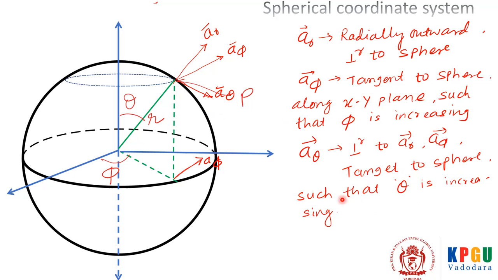We have seen what spherical coordinates are, how to convert from x, y, z to r, theta, phi or the other way, and in which direction the unit vectors point in the spherical coordinate system, right? So that's all in this short video. We'll continue with more such videos of this subject in our subsequent videos.